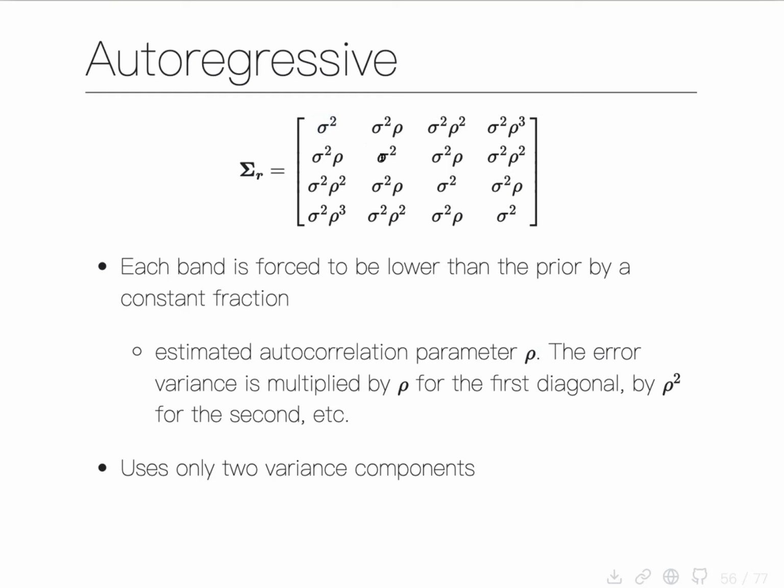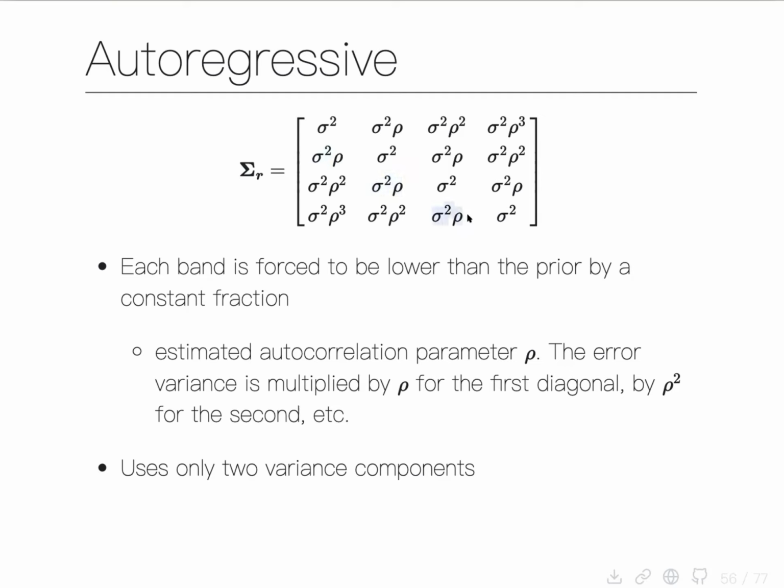So this is our variance, right? And it's going to be the same for the entire diagonal. Then we multiply that variance by rho. So rho goes from 0 to 1, right? If this is like 0.8 or whatever, then this would be 80% of the variance at this time point.